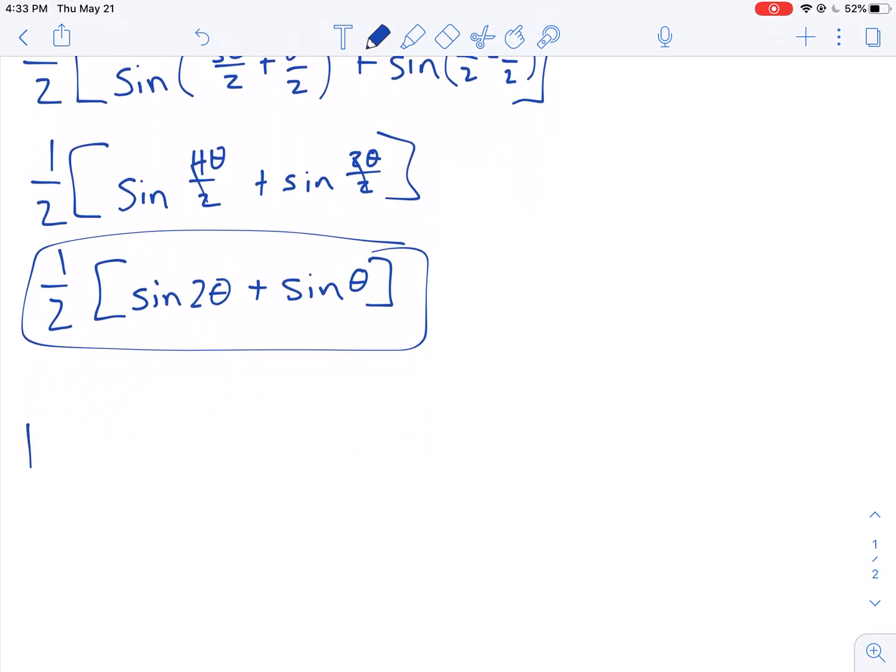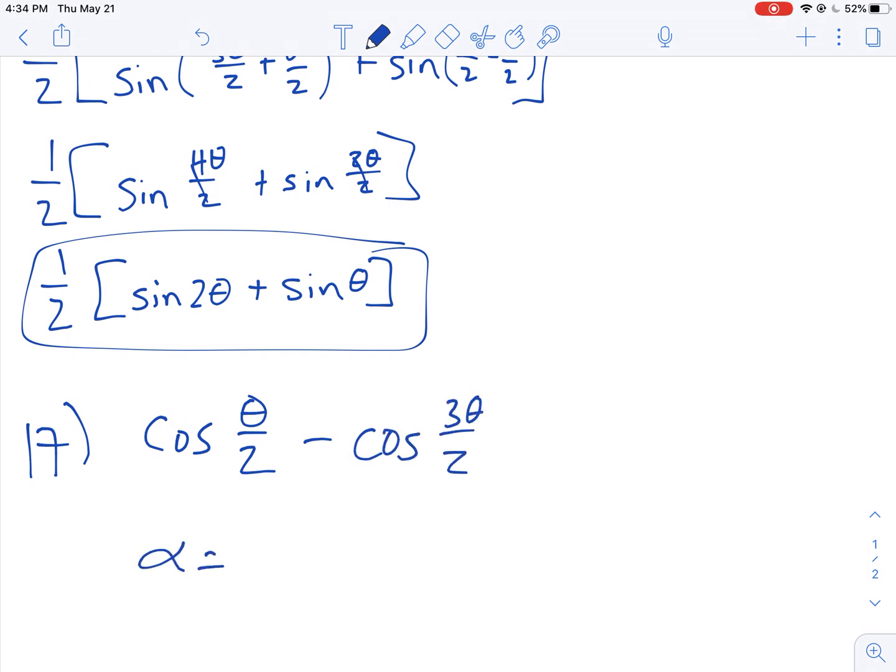Number 17, when we look at that, I've got the cosine of theta over 2 minus the cosine of 3 theta over 2. So my alpha here is theta over 2. My beta here is 3 theta over 2. I go to my sum to product formulas.